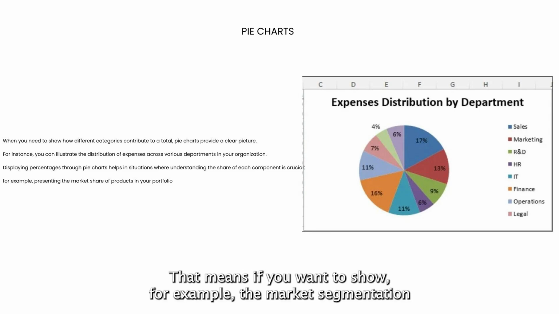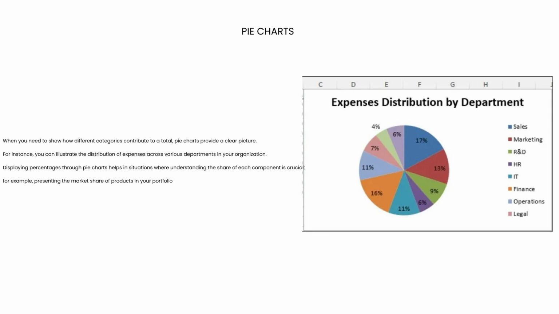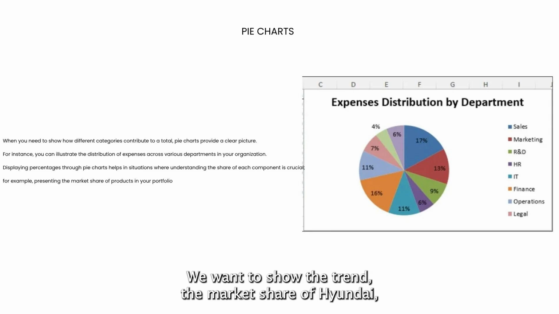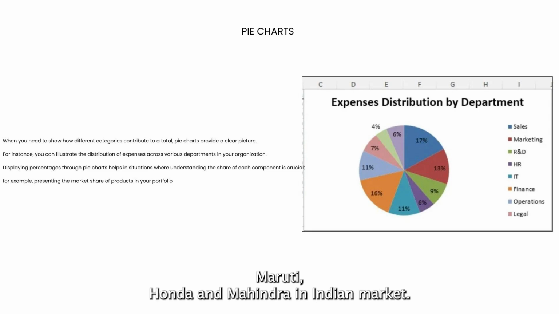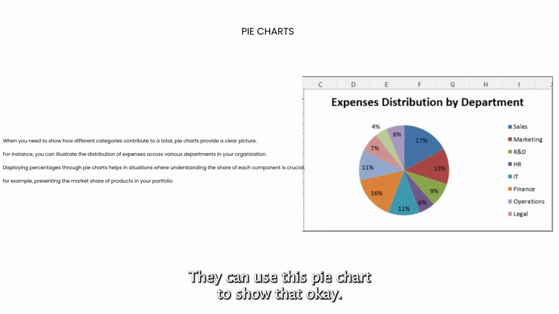That means if you want to show, for example, the market share of, let's say, four car companies in a particular market, how much share out of 100, for example the market share of Hyundai, Maruti, Honda and Mahindra in the Indian market, so which particular company has the maximum percentage of share, we can use the pie chart to show that.